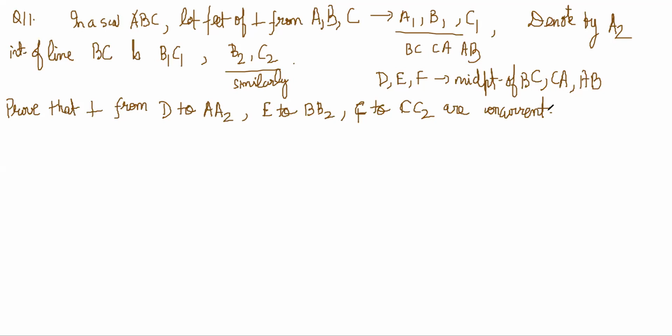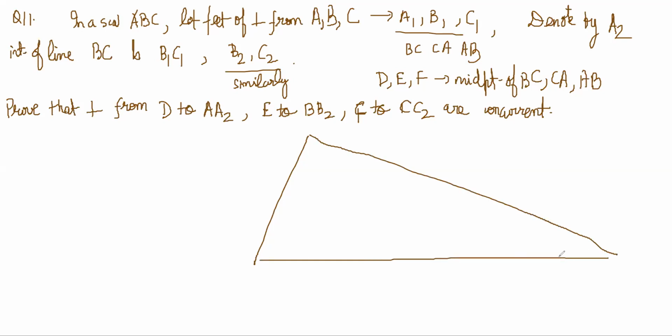So A, B, and C. The feet of the perpendiculars: this is A1, this is B1, and C1 will be here somewhere. Wait, this figure seems wrong.